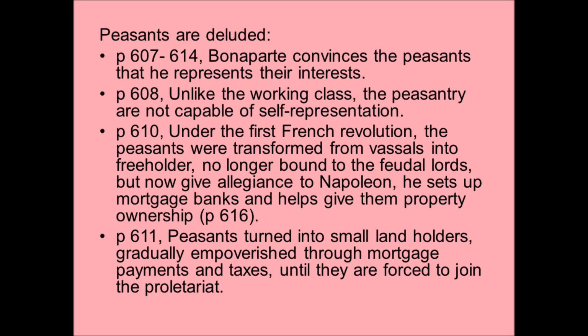They were no longer bound to the feudal lords, but now gave their allegiance to Napoleon. He set up mortgage banks, and he helped to give them property ownership. But Marx argues that peasants were turned into small landholders and that they would be gradually impoverished through mortgage payments and taxes until they were forced to join the proletariat.